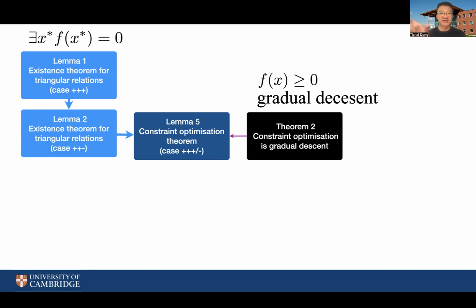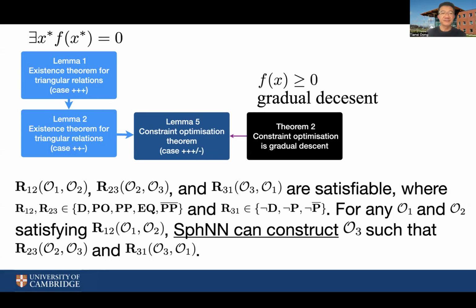If the first relation is positive and the second relation is positive, the third relation can be positive or negative. This is lemma 5.